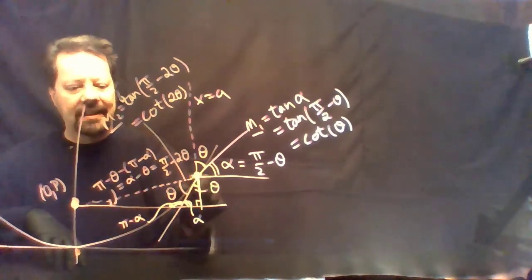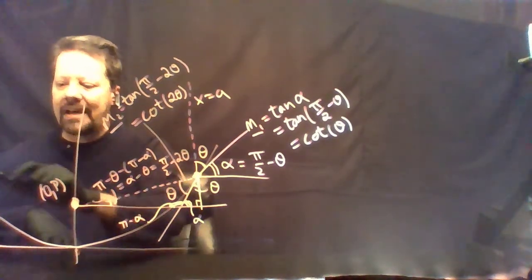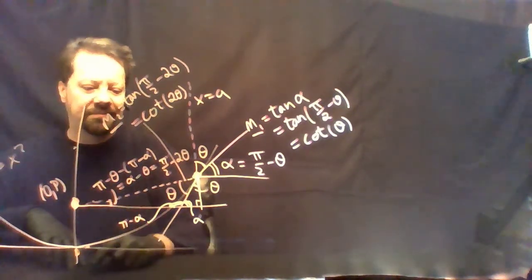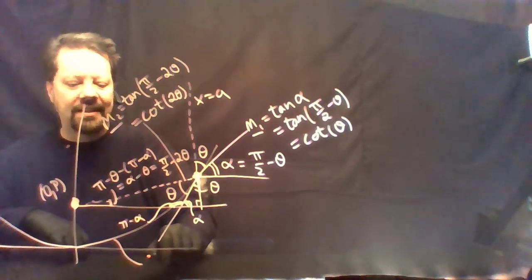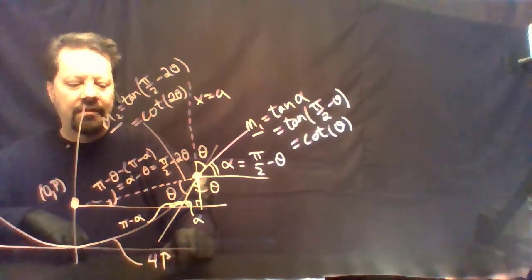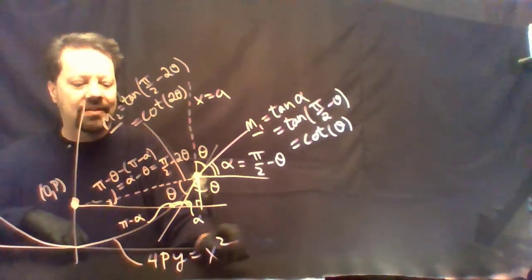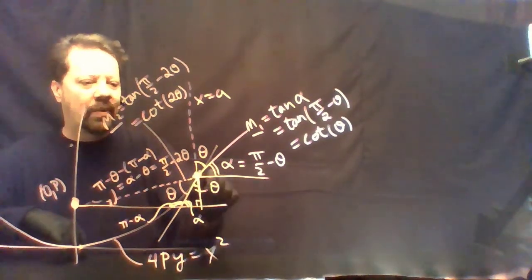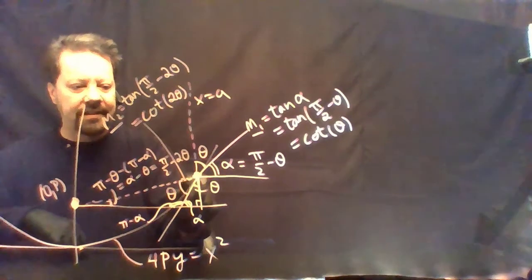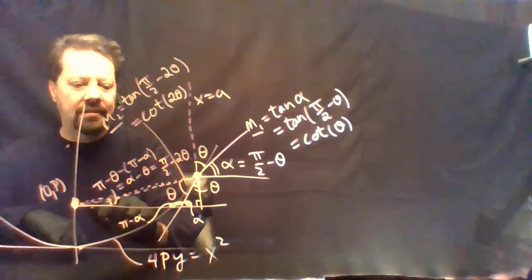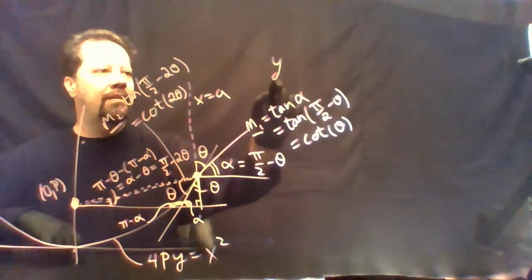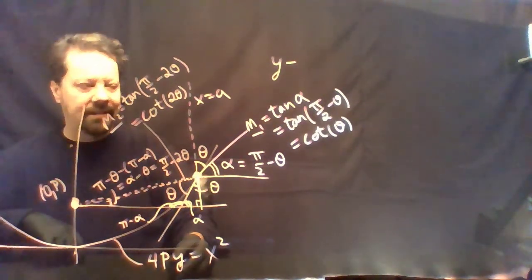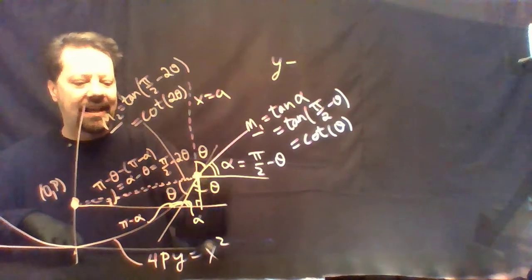The equation of this line, given the parabola 4py equals x squared: if the parabola has the equation 4py equals x squared, then the equation of this line should be y minus whatever the y value is here at x equals a.